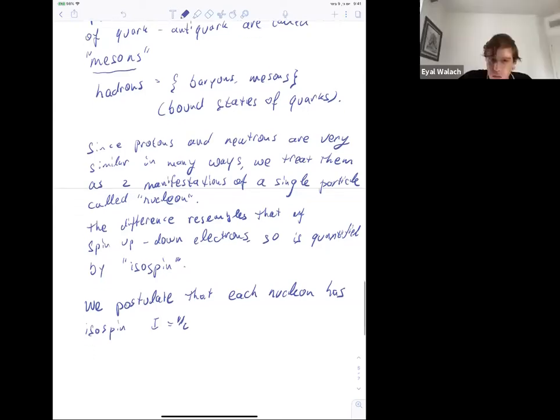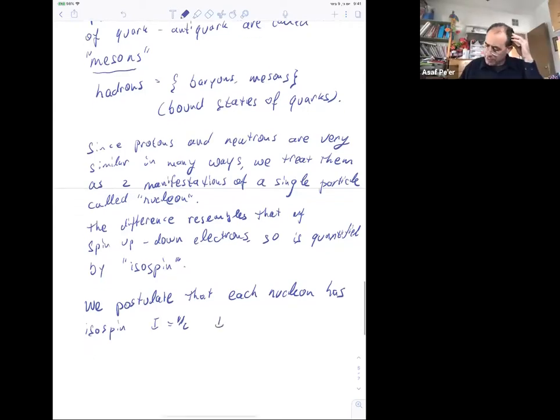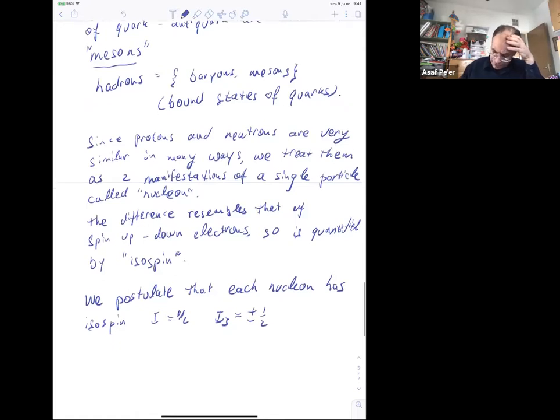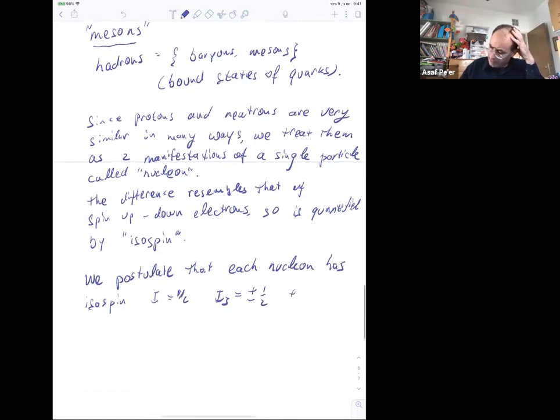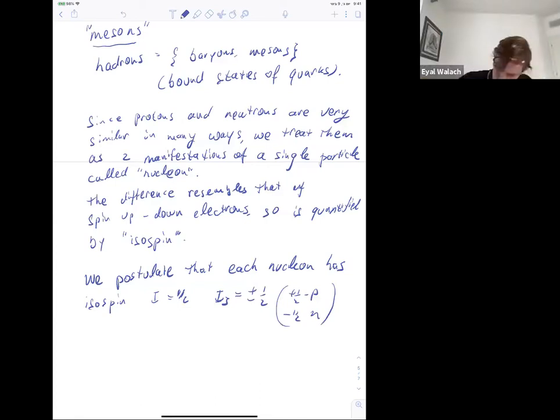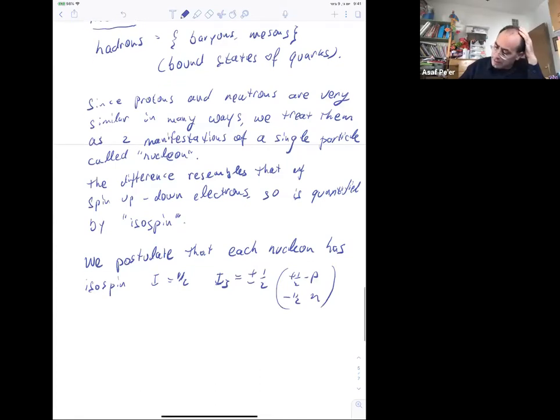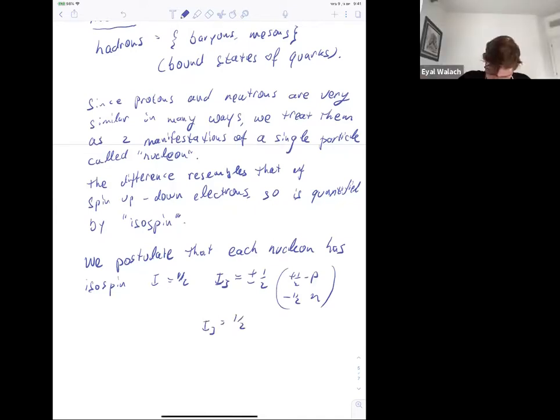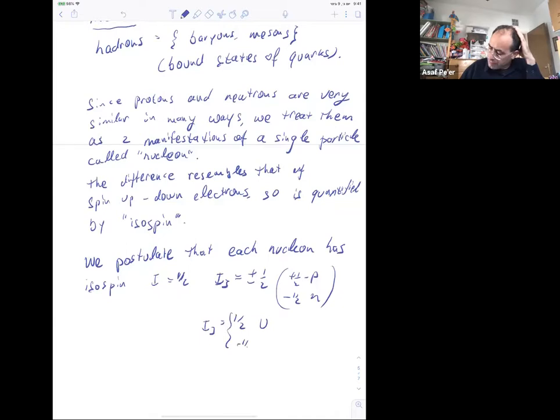Then the I3, the one component of the isospin, will be plus or minus 1/2. Plus 1/2 is the proton and minus 1/2 is the neutron. Now this essentially translates into I3 equal to 1/2 for the up quark and minus 1/2 for the down quark.